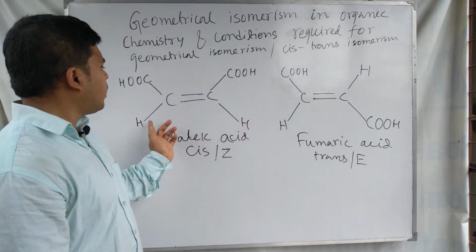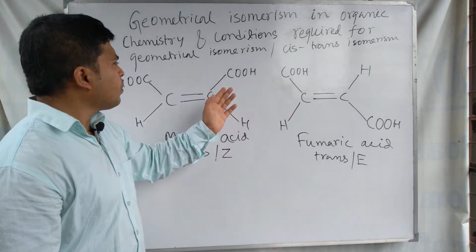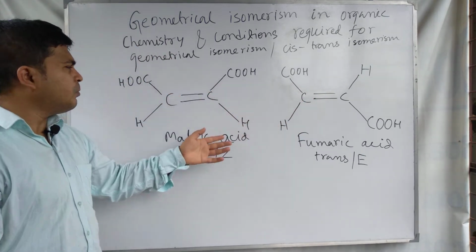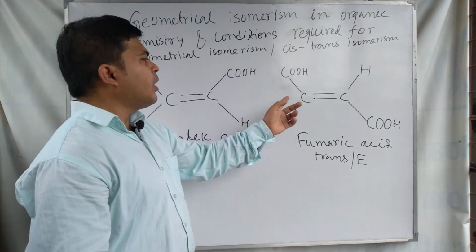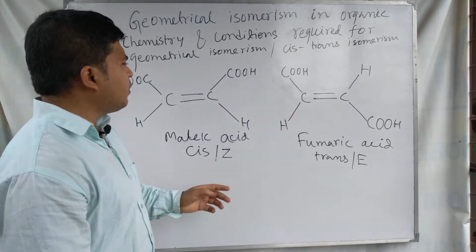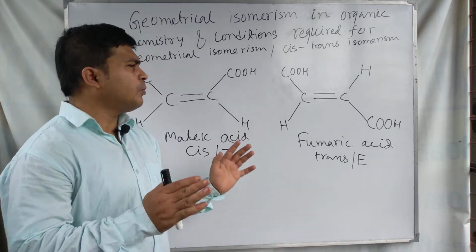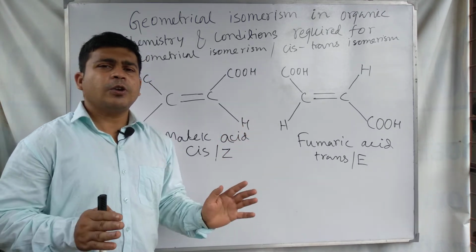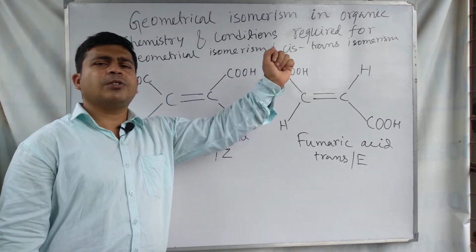So cis-trans isomer means geometrical isomer, and geometrical isomer means the different spatial orientation of the groups of atoms or atom. Here the hydrogen atoms are on the same side, and here the hydrogen atoms are on the opposite side. When different arrangements of the groups of atoms around the double bond are present, these isomers are called geometrical isomers, or cis-trans isomers.